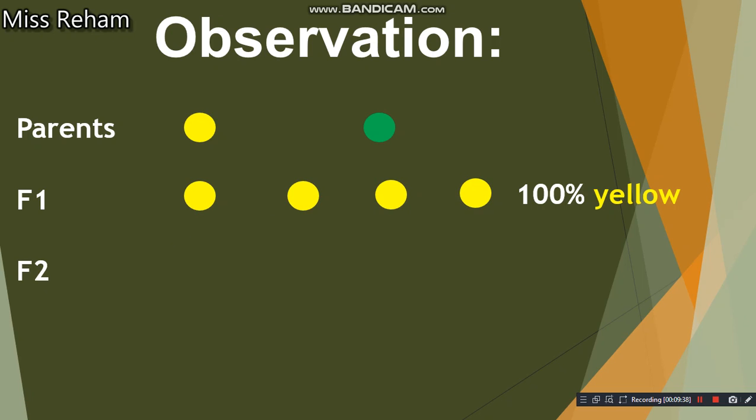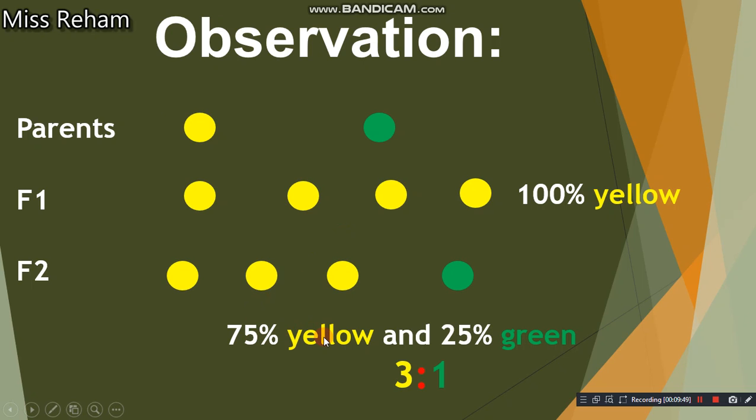He observed that the second generation contains 75% yellow seeds and 25% green seeds, by the ratio 3 yellow to 1 green.